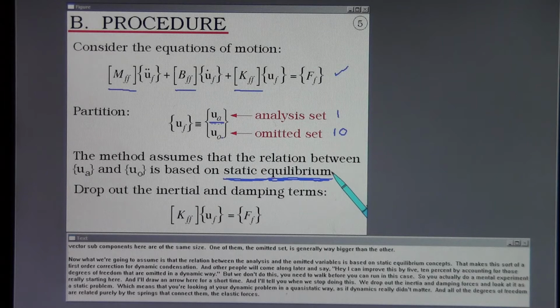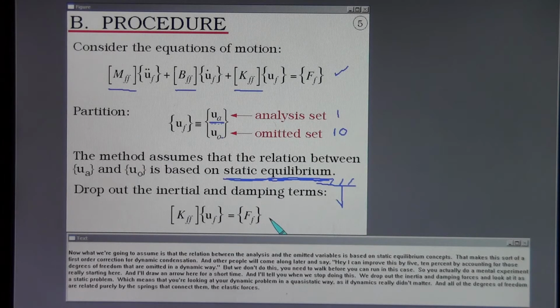So you actually do a mental experiment, really starting here, and I'll draw an arrow here for a short time, and then I'll tell you when we stop doing this. We drop out the inertia and damping forces and look at a static problem, which means that you're looking at your dynamic problem in a quasi-static way, as if dynamics really didn't matter, and all of the degrees of freedom are related purely by the springs that connect them, the elastic forces.